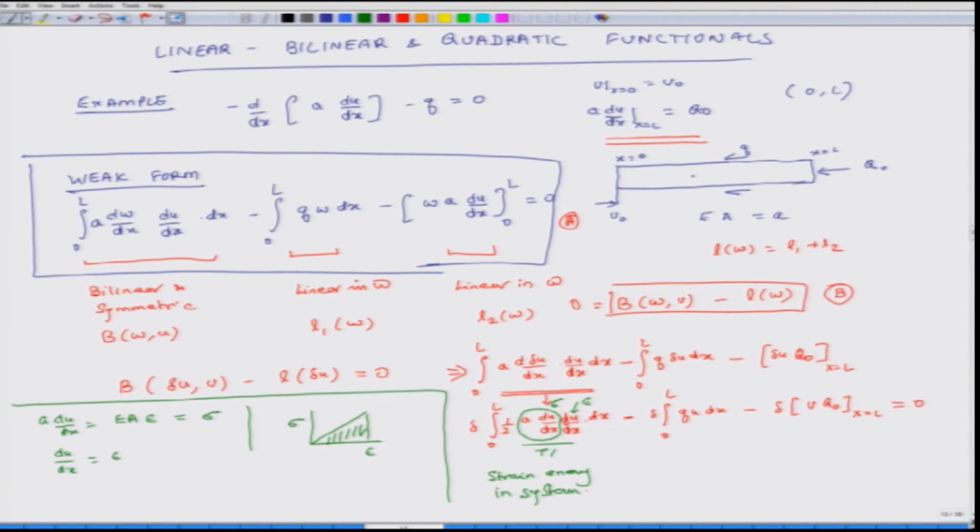So, this is the strain energy per unit volume, and when I am integrating it over the whole domain, this is the strain energy in the overall bar. If I do not integrate it, then I am getting the strain energy per unit volume at that point of interest. When I am integrating it, over the domain 0 to L, then it is in the entire bar.